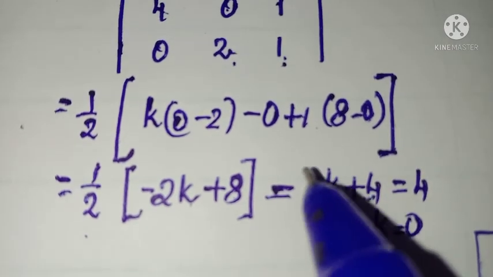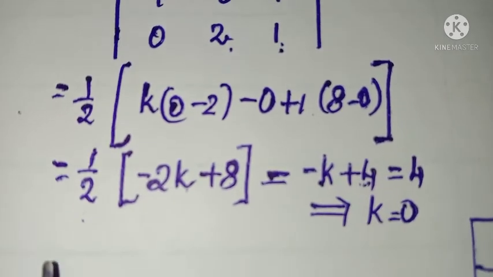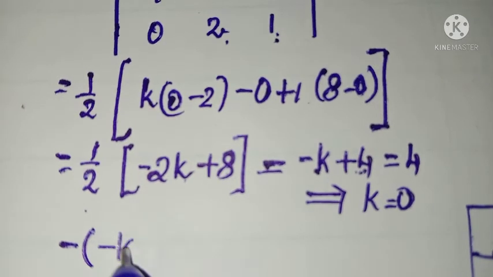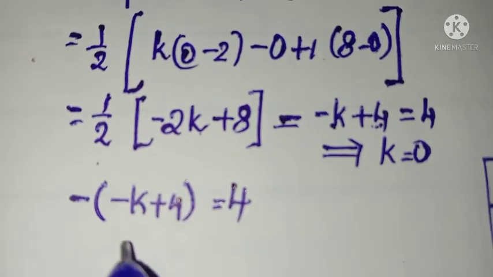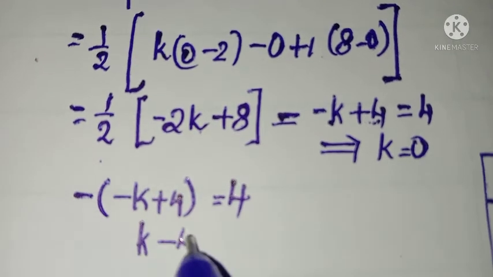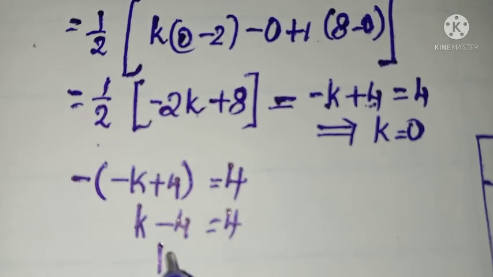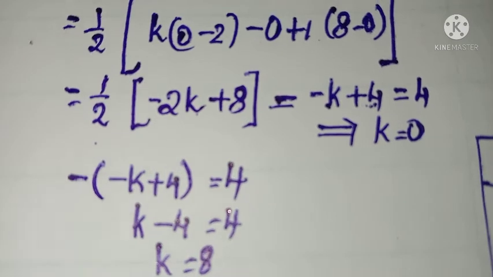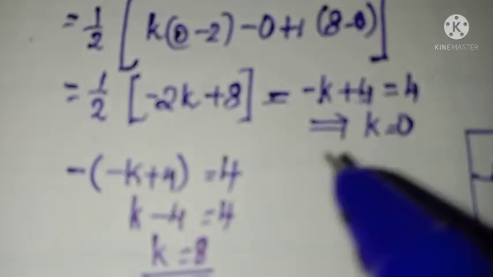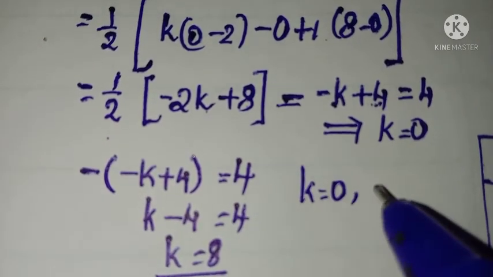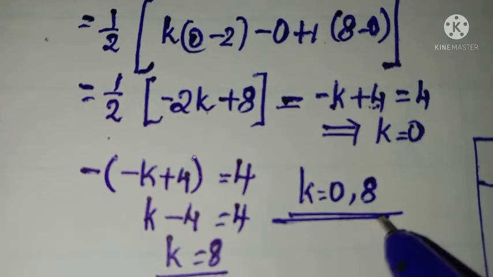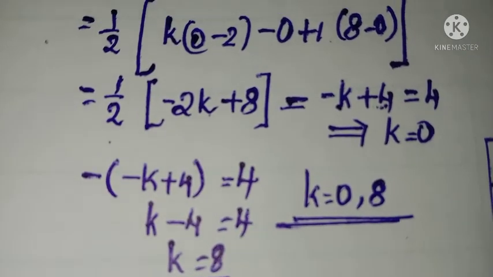If we consider the negative value, that is negative of (minus k plus 4) equal to the area, from here we get k is equal to 8. So k is equal to 0 and k is equal to 8. These are the possible values of k.